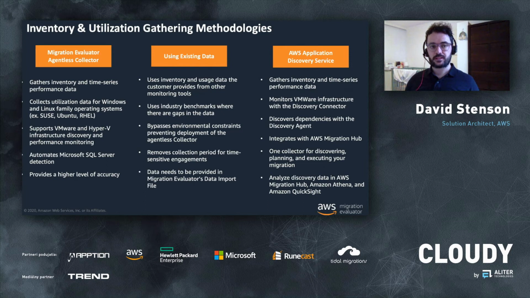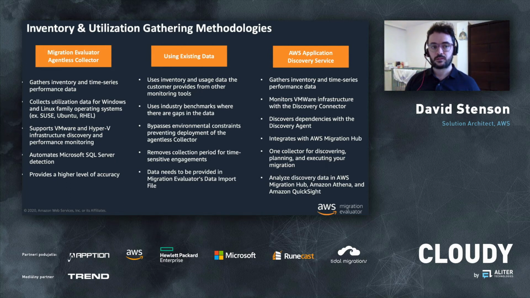In terms of how we capture data to feed into an assessment, there are 3 different ways. The first is the Agentless Collector. The second is using existing data. And the third is an export from the Application Discovery Service. The Agentless Collector is the default method of collecting data.